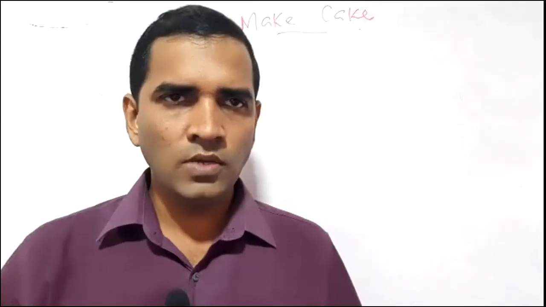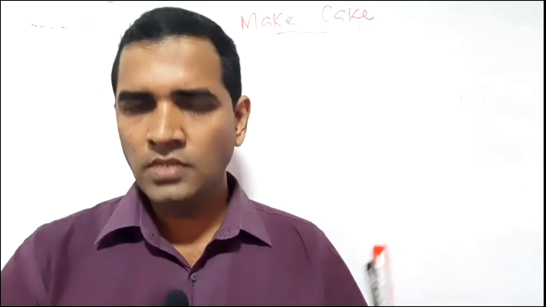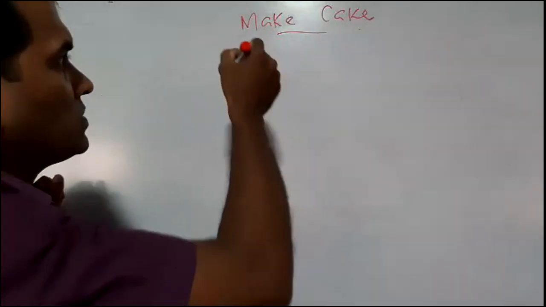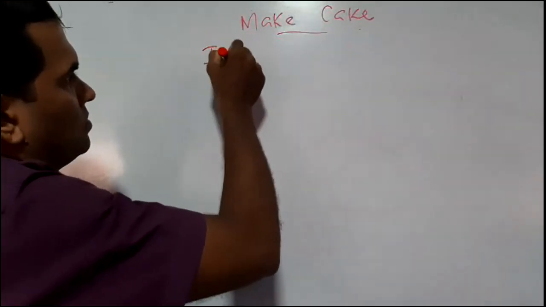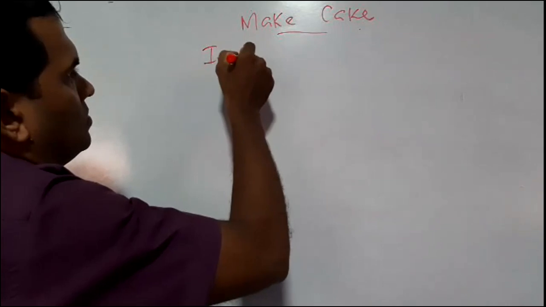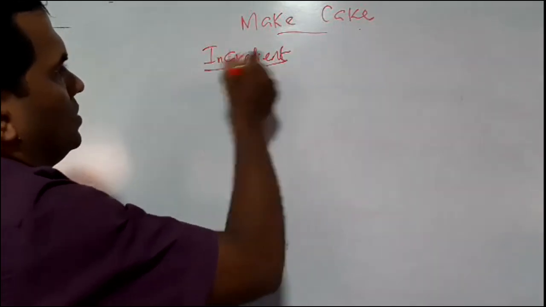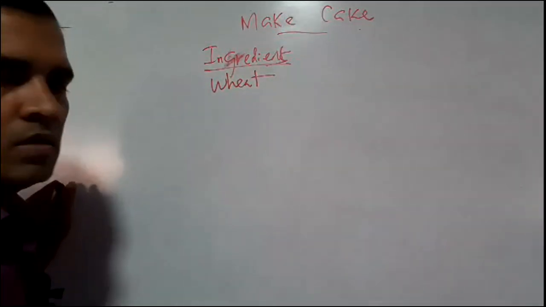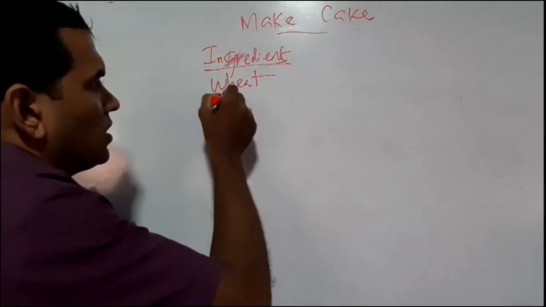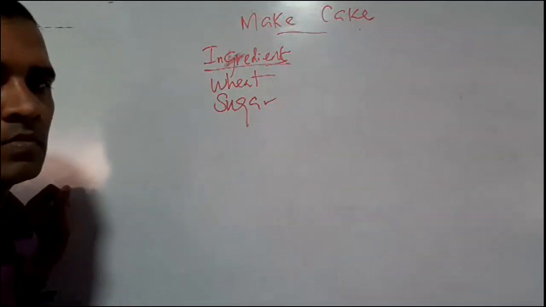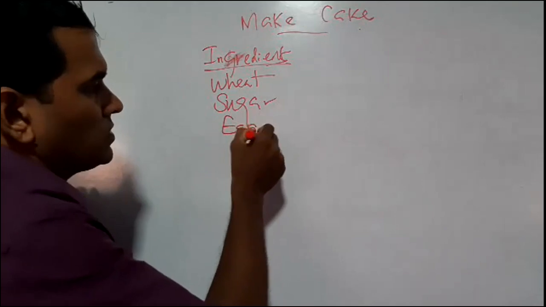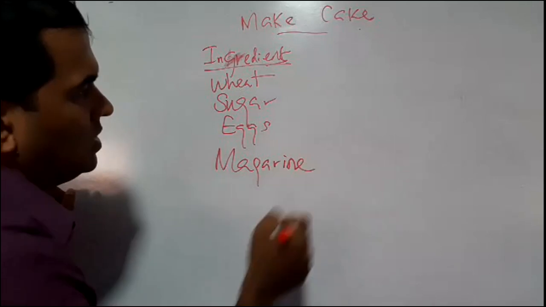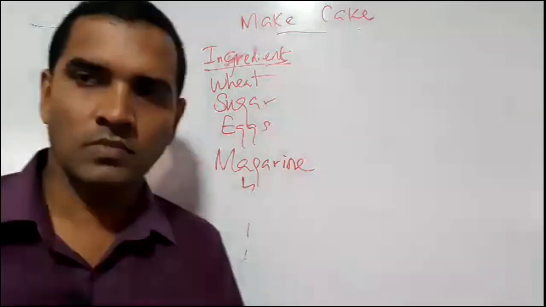I'm not going to take all of them, because I'm taking these ingredients only for demonstration. So I can take wheat flour, sugar, eggs, even margarine, water. There may be many.